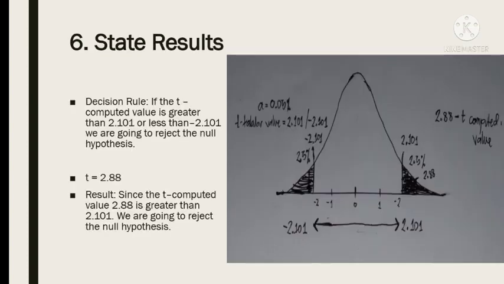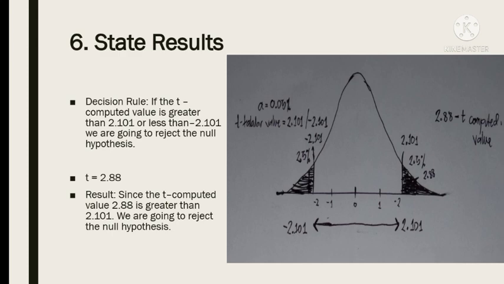Now let's proceed to step 6, which is stating the results. So what is the decision rule again? Our decision rule earlier says that if the t computed value is greater than 2.101 or less than negative 2.101, we're going to reject the null hypothesis.